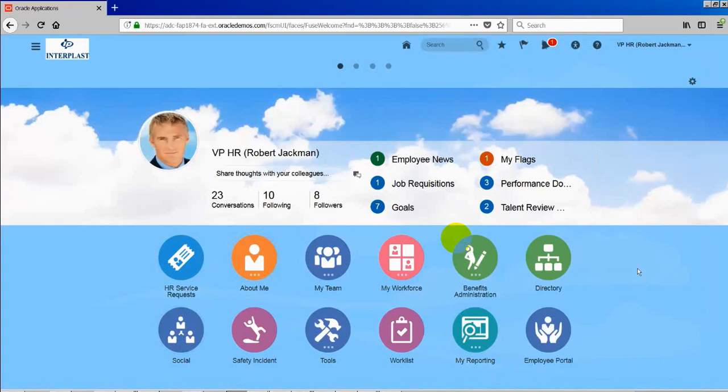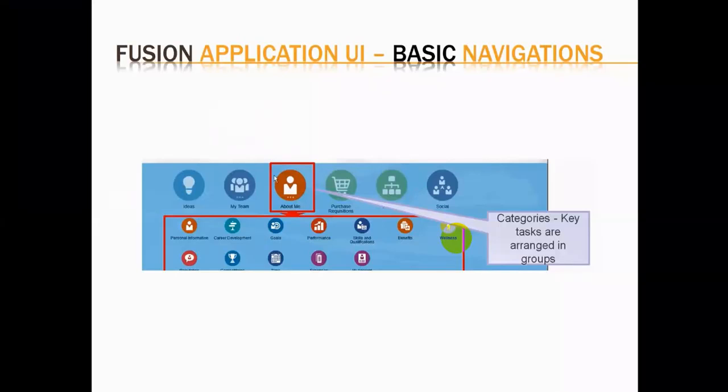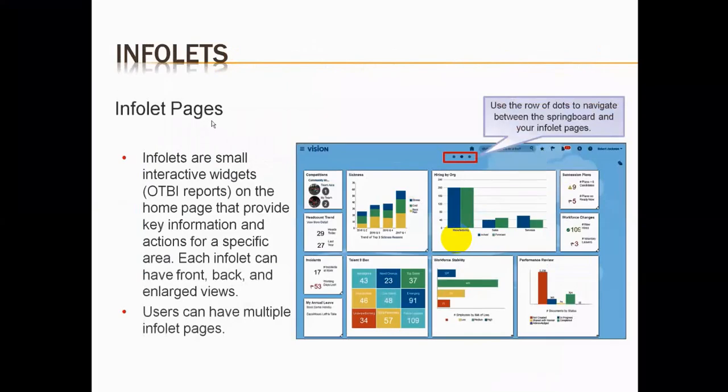Now, the very interesting thing here is that we have something called infolets. Infolet pages are a very interesting interactive widget. A small widget is typically nothing but an OTBI report. What is an OTBI report? I will talk in detail about that.